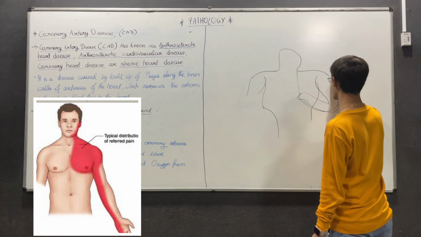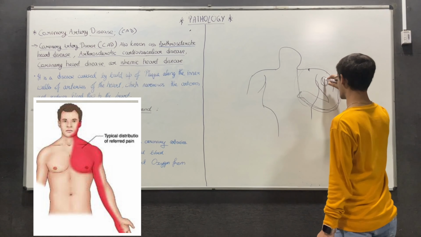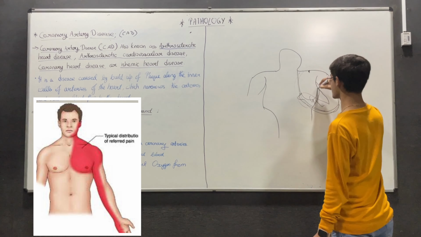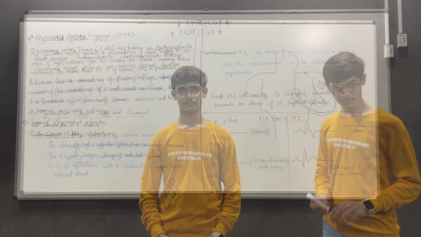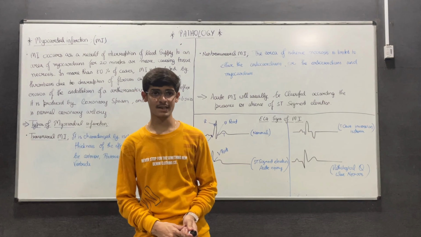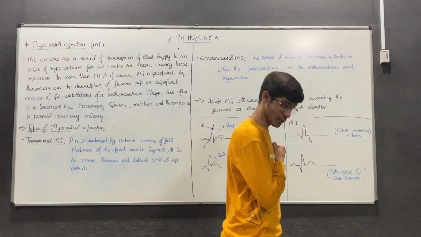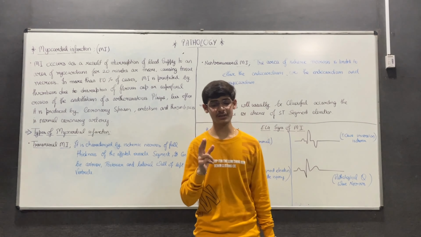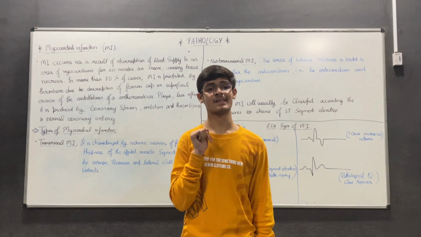The pain will be radiating in all this part: his shoulder tips, his arm, his forearm, his left chest, his heart region, everywhere. The sign in which the patients make a fist, bend forward and walk is known as Levine sign, and when this sign is present, it is known as Levine sign positive.